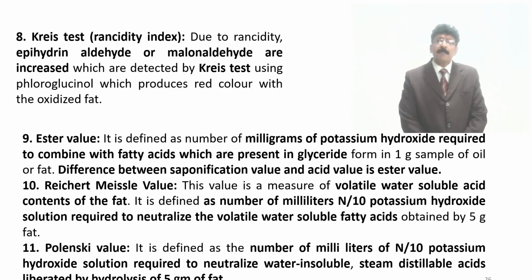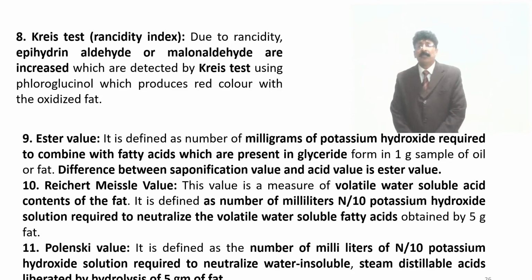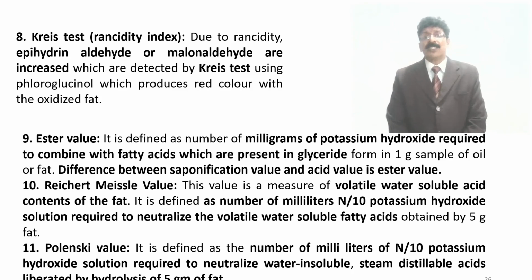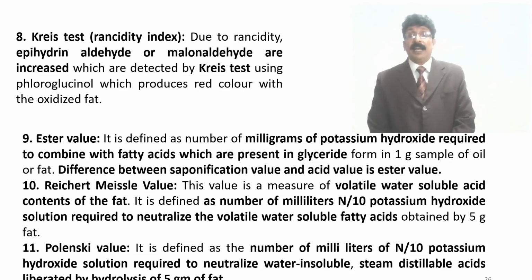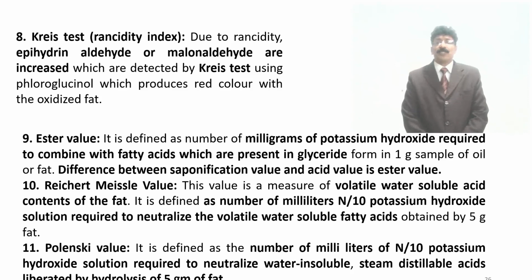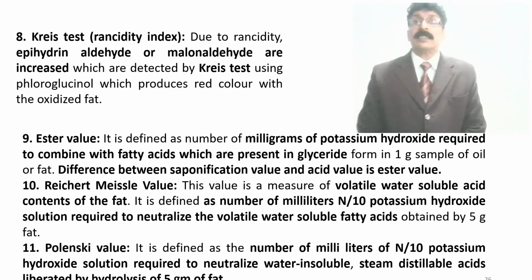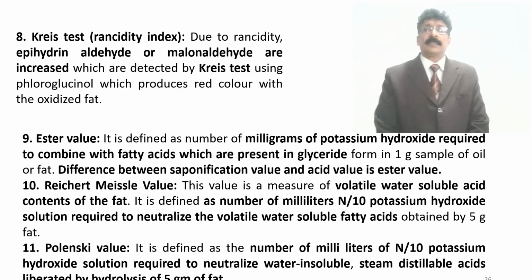Similarly, the Polenske value is the number of milliliters of N by 10 potassium hydroxide solution required to neutralize the water insoluble, steam distillable acids liberated by hydrolysis of 5 grams of fat. They are different.